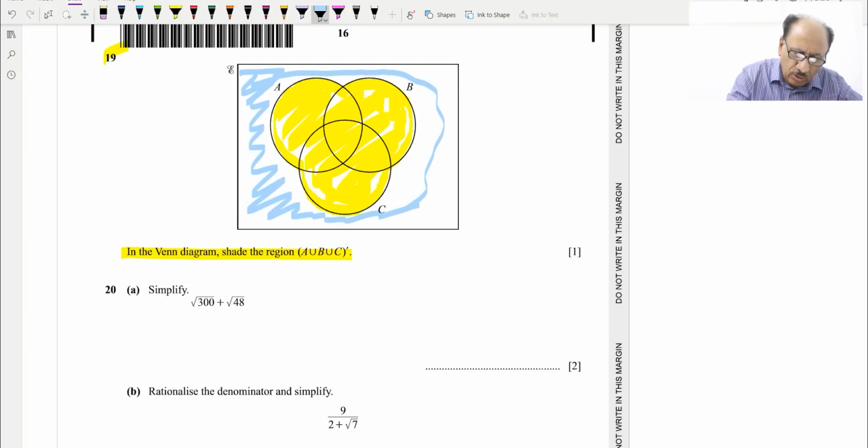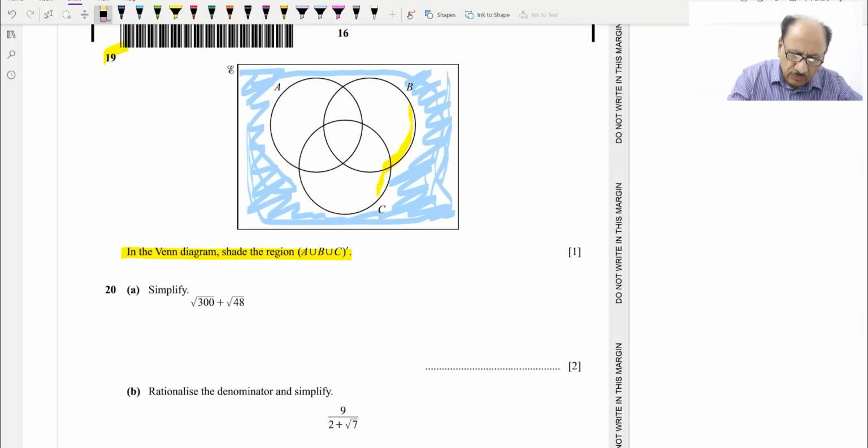This whole outer region is the complement of it, and now we can erase the inner portion. So this will be the answer, and this is for 1 mark.